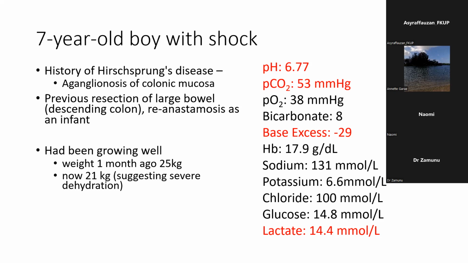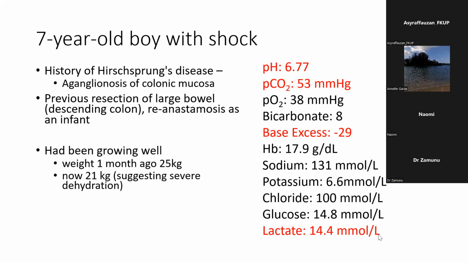Yeah, he's just got severe dehydration, that's why. Very good, Andre. I want you to again look in detail at these investigations, because they all tell a bit of a story. They can all give you a clue as to what's going on. So he's got severe dehydration, he's got severe metabolic acidosis.